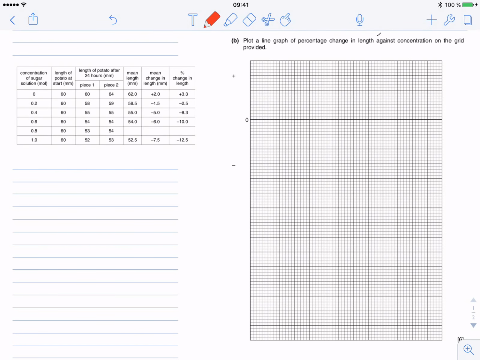So we are looking at percentage change in length and concentration. So this column here, percentage change in length and concentration.